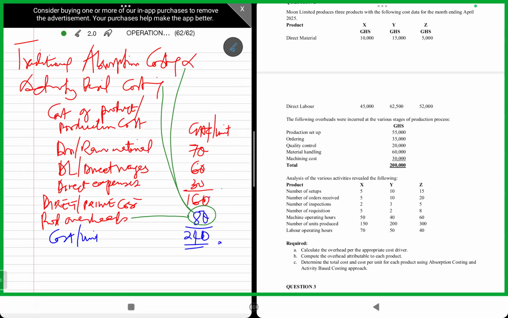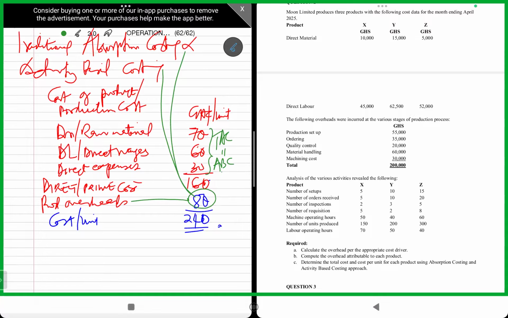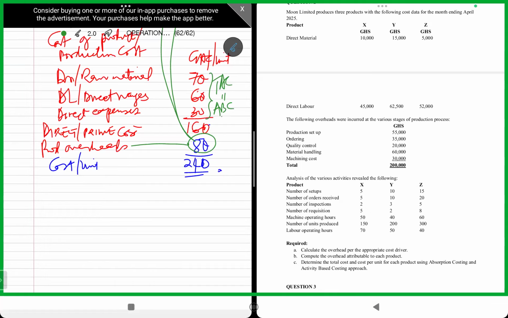In other words, when I'm computing the traditional absorption costing and activity-based costing, the direct materials will be the same. So this 70, 60, 30 will be the same for the traditional absorption costing and the same for the activity-based costing. But the difference between both of them will be how we compute the overheads. So, for example, when it is a traditional absorption costing, I call, let's say, TAC and ABC.